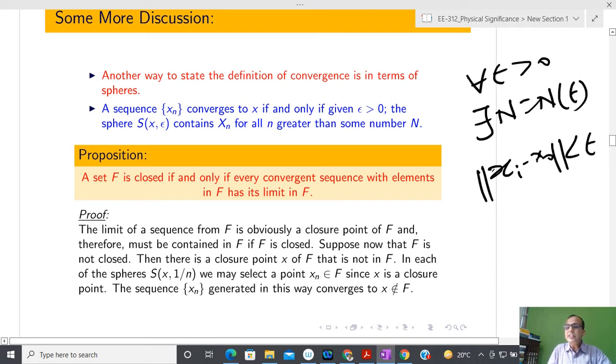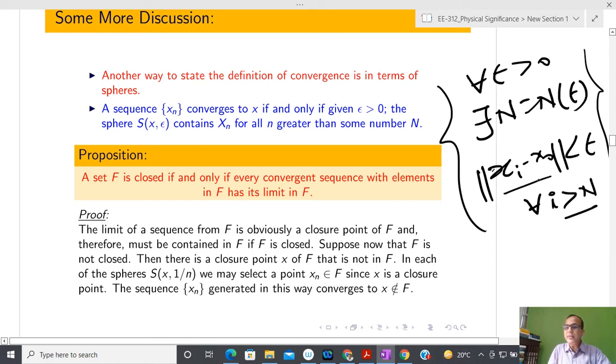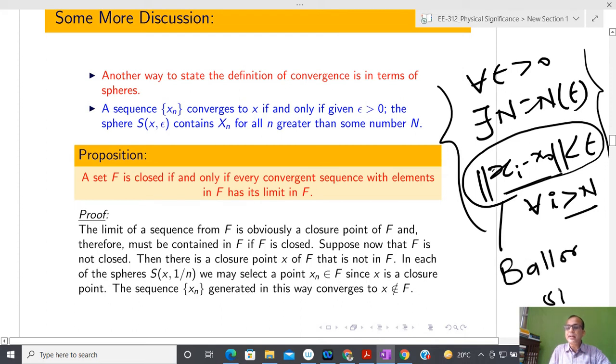This must be true for all i greater than or equal to n. Somehow you can see that this is nothing but the notion of a ball or a sphere.